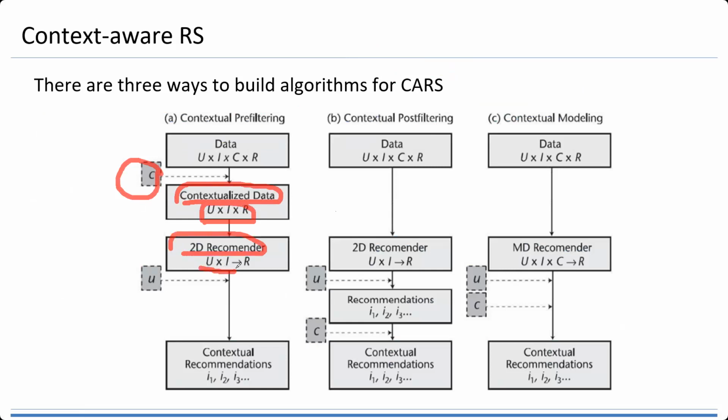This is based on the user and item, and then we can predict the rating. And then we can do the contextual recommendation after we extract this on the user.